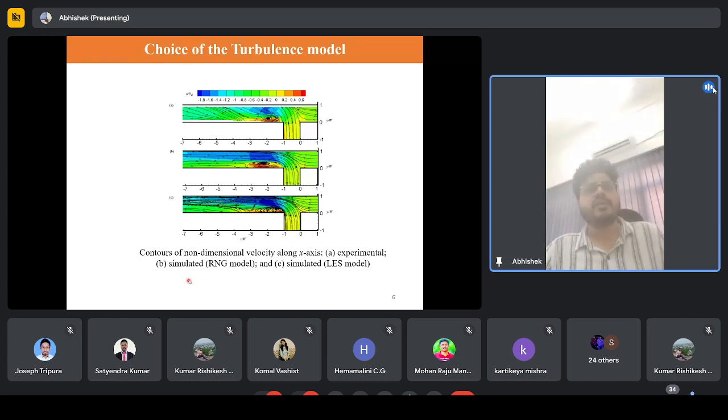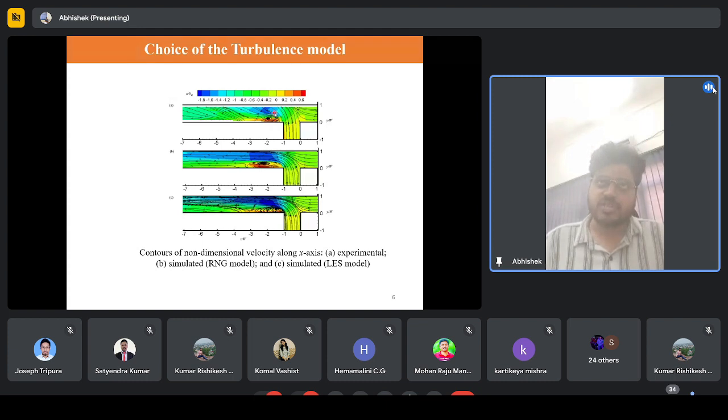So here I have compared the flow field. The flow field means here the contours of the longitudinal velocity, that's the velocity along the x-axis, with the experimental data and the simulated results from the RNG turbulence model and LES model. Now you see here the flow is very complex.